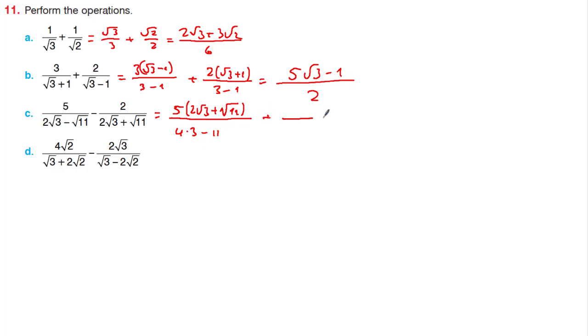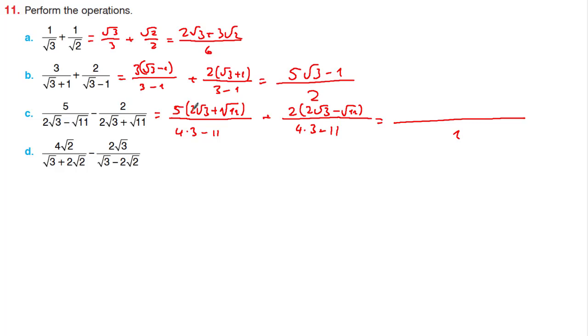And the same goes for the second fraction, which will be 2 times 2 root of 3 minus root of 11 over 4 times 3 minus 11. So the common denominator 4 times 3 is 12 minus 11 will be 1.